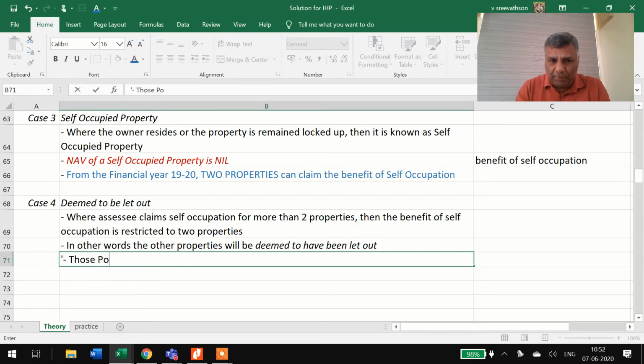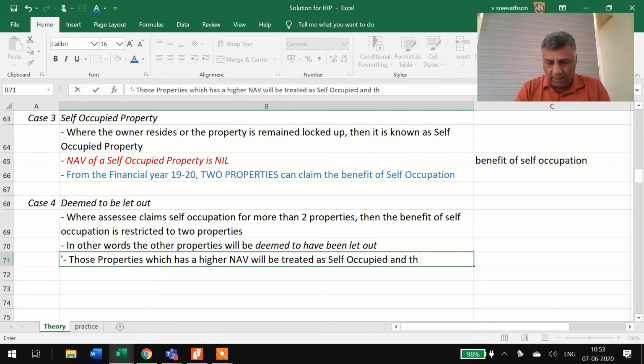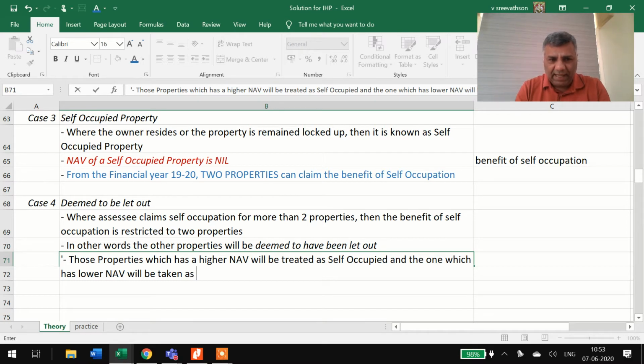Those properties which have a higher NAV will be treated as self-occupied, and the one which has a lower NAV will be taken as deemed to be let out.